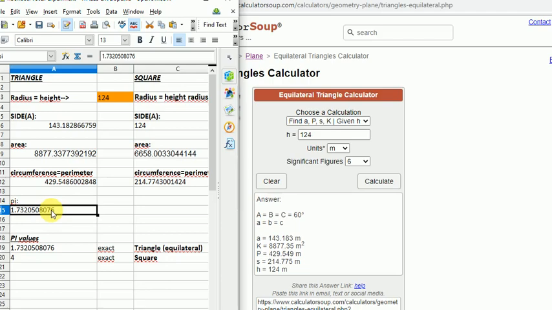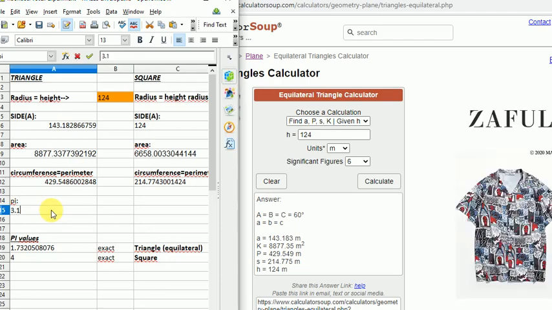If I was to put it on 3.14, hang on, if I put it on 3.14, it becomes wrong again. If I put it at 2, it becomes wrong again. It's nowhere near that. If I put it at 3.8, it's way wrong.